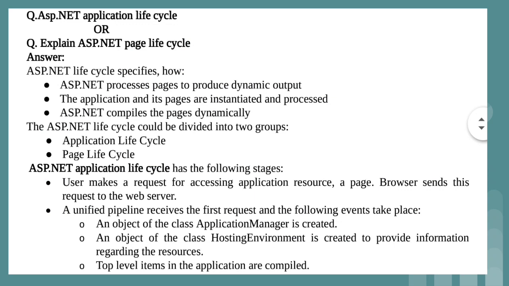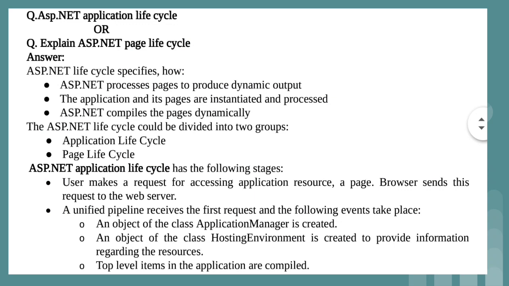It means in coding, if we have used some images, those images are nothing but resources. Or if we are making use of some namespaces, a namespace is again a kind of resource which a page needs to execute. So after clicking on that run button, we are making a request for accessing application resources.